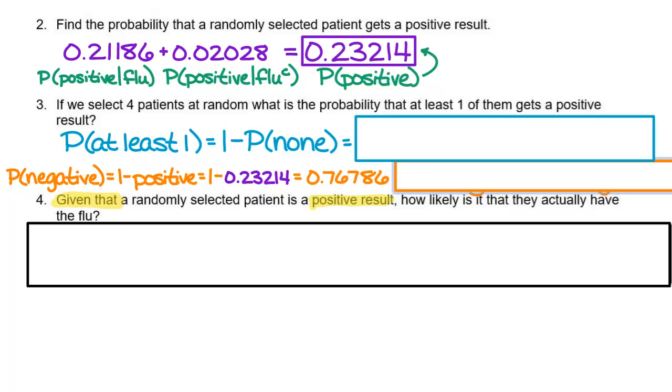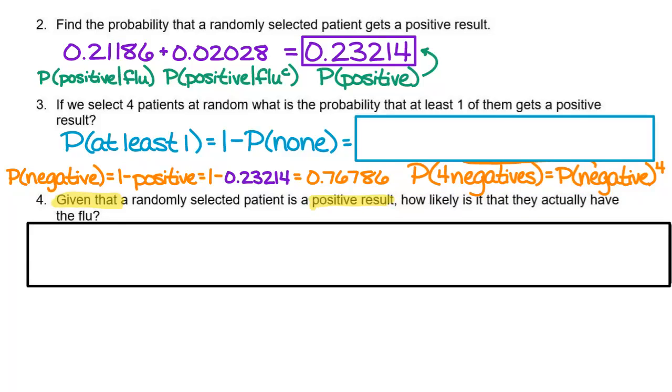Well, what would I do to take it from the probability for 1 person having a negative to the probability of 4 people having a negative? So first negative and second negative and third negative and fourth negative. Not going to multiply by 4, but you're on the right path. We are going to multiply, but we will multiply it by itself 4 times.